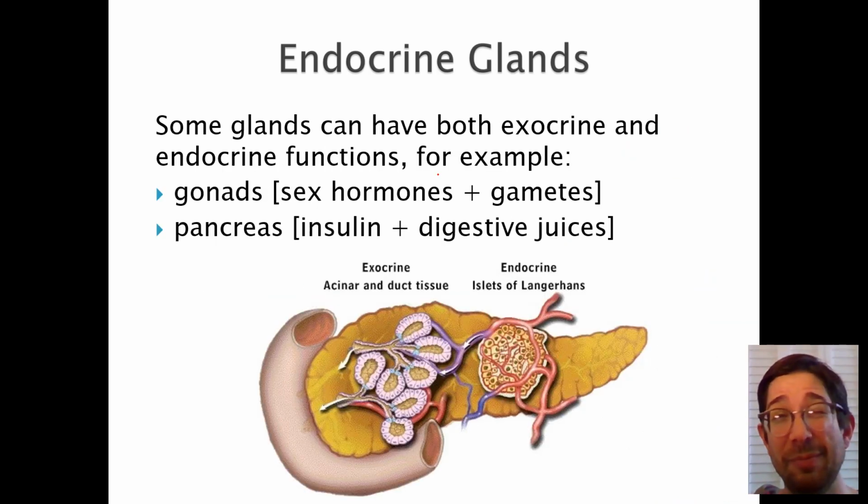Some glands, by the way, can be both exocrine and endocrine. Like gonads, they make sex hormones. That's endocrine. But sperm and eggs can eventually leave the body. So endocrine and exocrine. The pancreas makes insulin and glucagon. These are two different hormones, so that's endocrine.